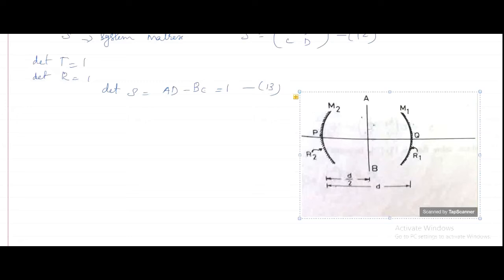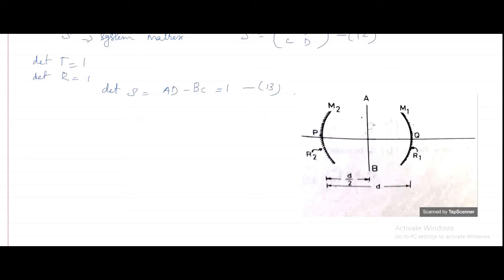Now, let us consider a resonator bound by two concave mirrors of radii of curvature R1 and R2, separated by a distance D. Let AB be a plane midway between the mirrors. A ray which starts from plane AB towards mirror M1, after reflection from it, travels towards M2.